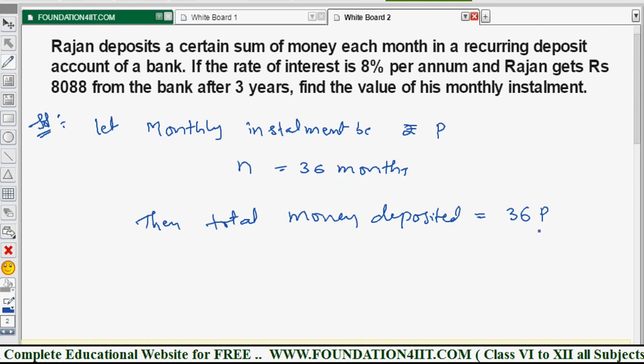So we take 36 into P as the total money deposited, and the total money received is already given in the question.